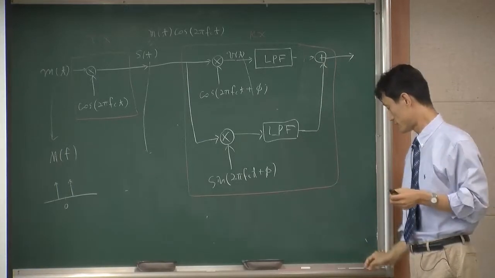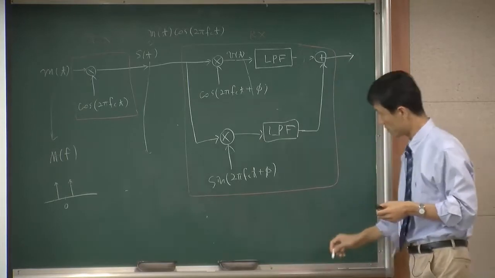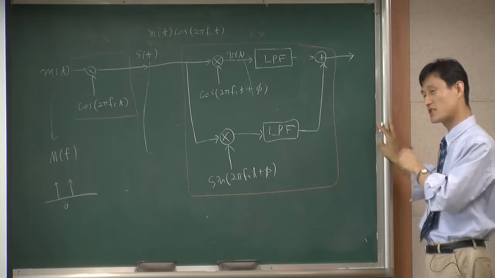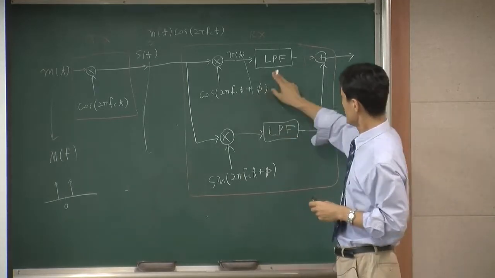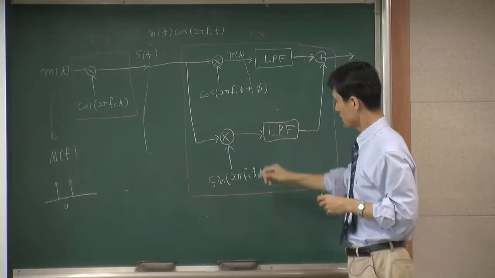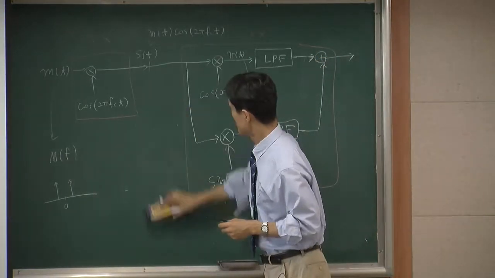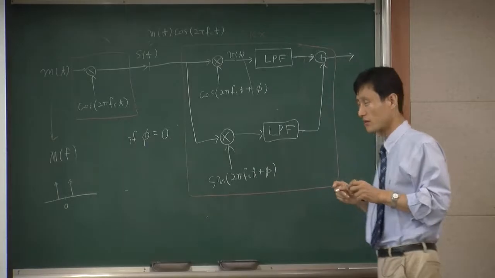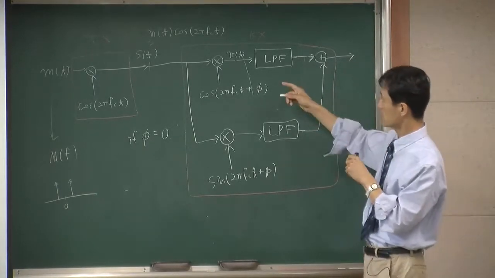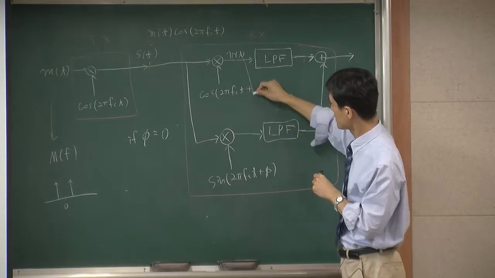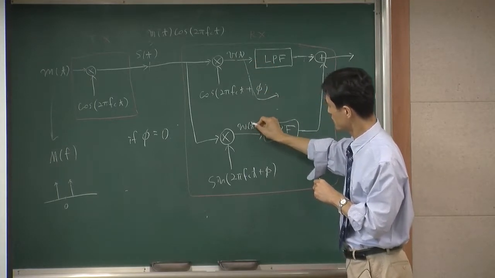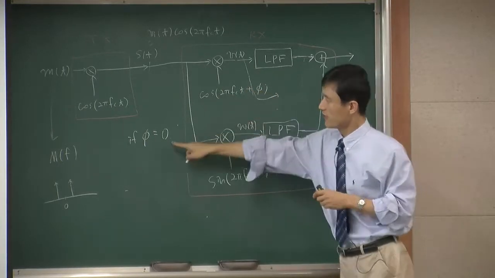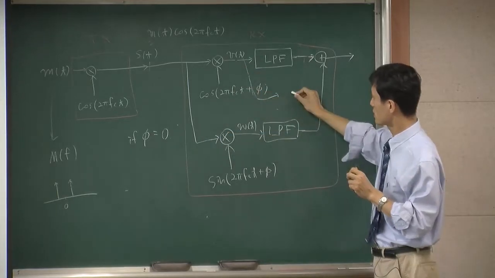What I want to tell you is some of the mathematics behind this, because you need to understand the mathematics. That's much easier to understand. Just to start, let's assume that the phase mismatch is 0. In that case, as we discussed earlier, let me call this W here and this V. If the phase mismatch is 0, V(t) right here is cosine square.